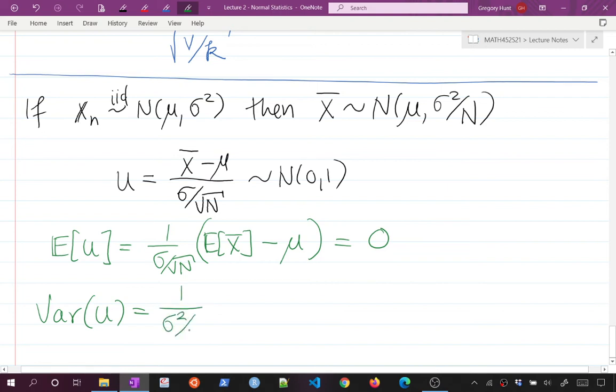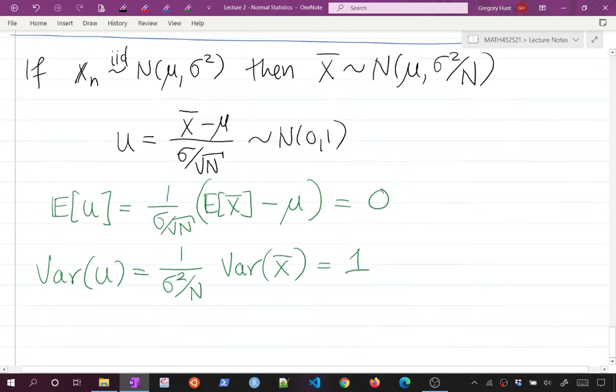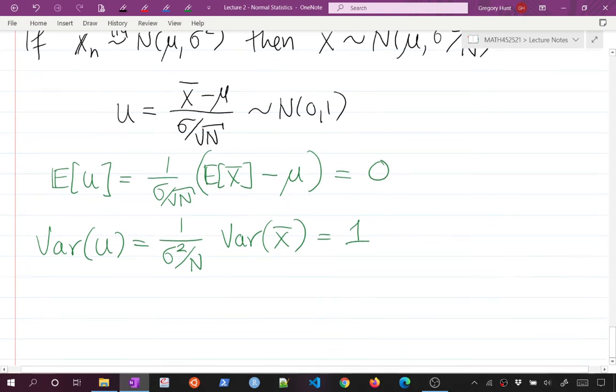So it's sigma squared over now n. And I can ignore the mu, because that's just an additive shift that doesn't change my variance. I get times the variance of x bar, and that gives me 1, because the variance of x bar is sigma squared over n. So u, if I form it this way, is standard normal. Great.